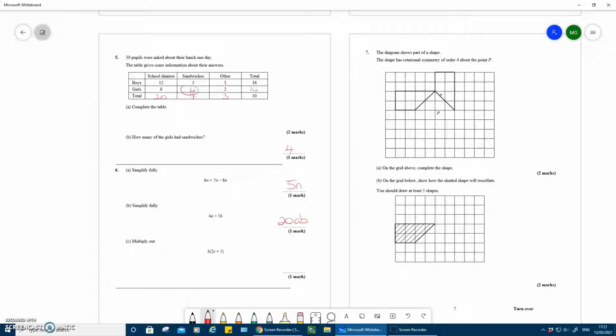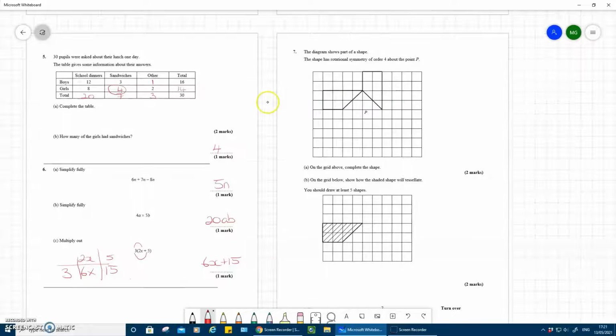And multiply this out, we do 3 times 2x, which is 6x, and 3 times 5, which is 15. You might choose to do it like this, 2x and 5. An area, if you like, 3 times 2x add 5, we get 6x there, 15 there, and we get the answer: 6x plus 15.